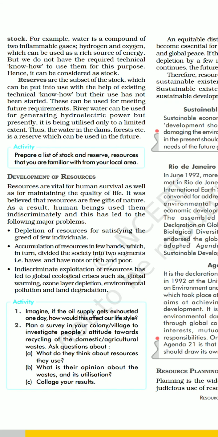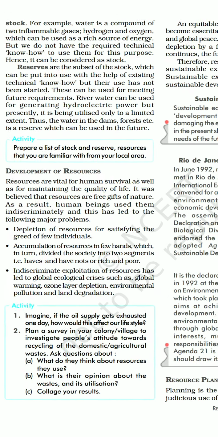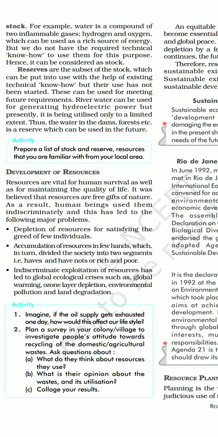Next is accumulation of resources in a few hands. It means only the rich and a few have access to certain resources. For example, in India, Reliance Industries controls the electricity as well as the oil part of the natural resources.